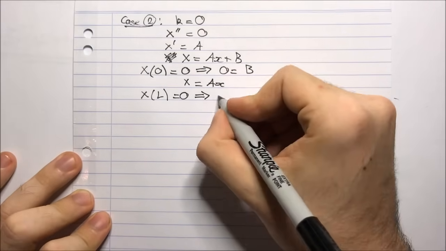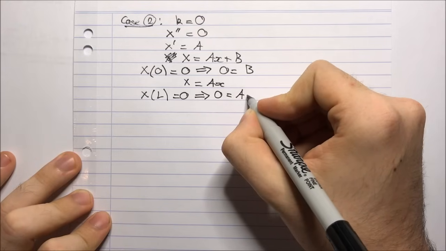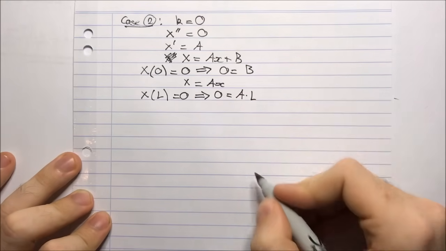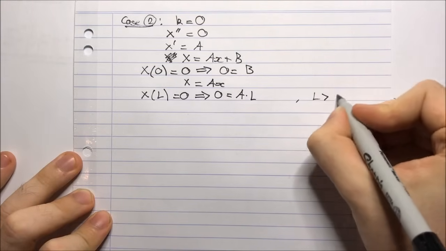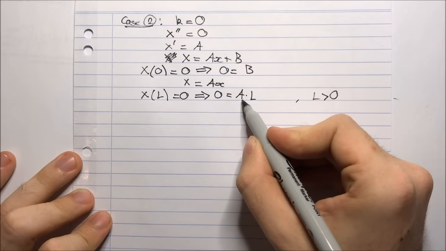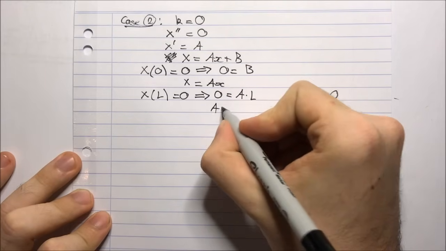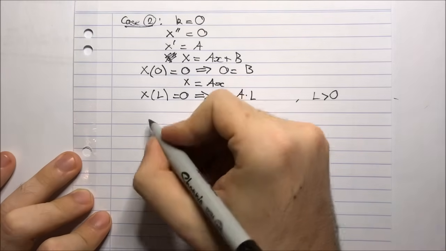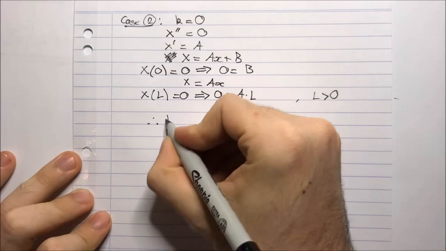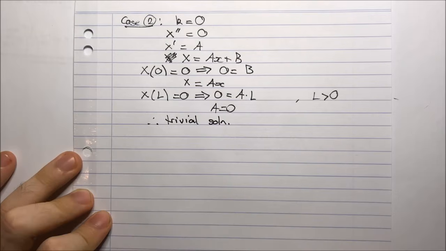Subbing that in, I get 0 equal to a times 0. Oh, sorry, a times L. But again, L is greater than 0, and so therefore it's non-zero, and so therefore the only thing that could make this statement true is that a is equal to 0. And so therefore, I once again recover a trivial solution, which we're not really interested in.